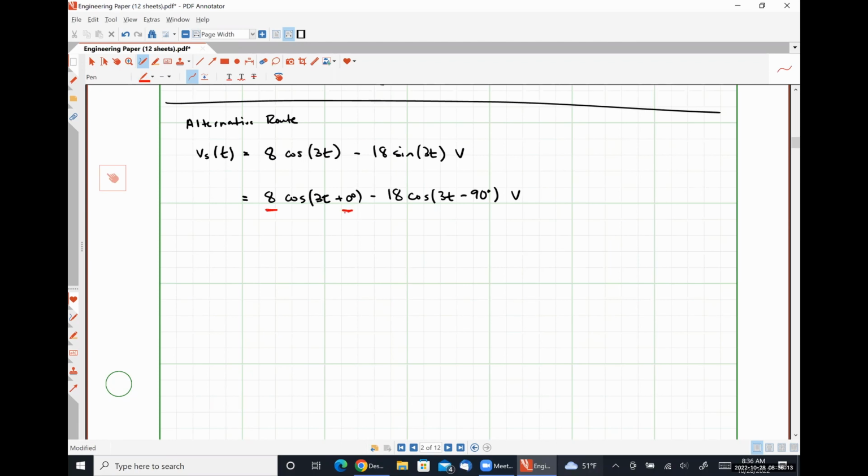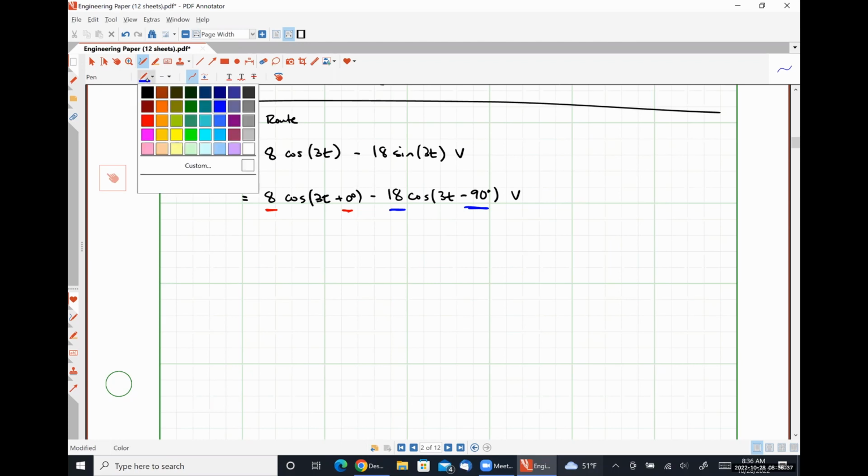This number is described by its magnitude and its phase angle. This number is described by its magnitude and its phase angle. Polar form complex numbers or exponential form complex numbers are also fully described by their magnitude and phase angle.